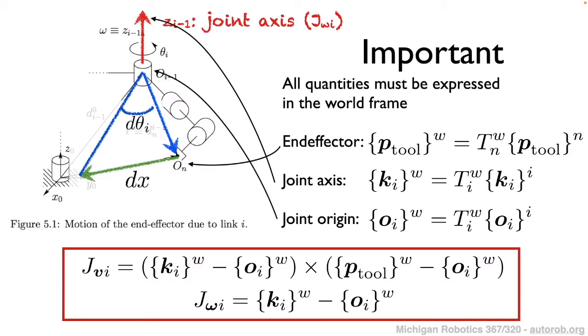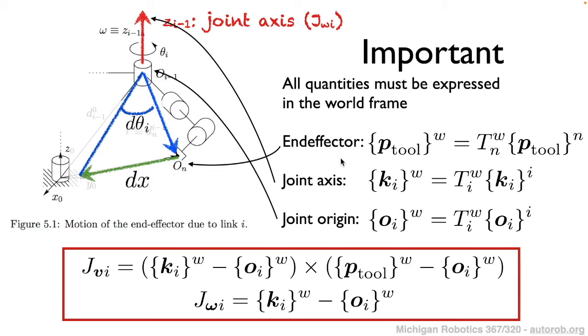Another important thing to point out about this Jacobian that we've discussed so far is that all of these quantities have to be expressed in the world coordinate frame for the definitions to hold. In addition, on this slide, we're showing a couple of useful relationships that will help define what each of these axes and vectors are.